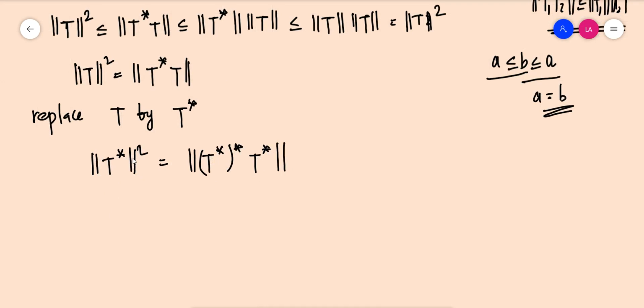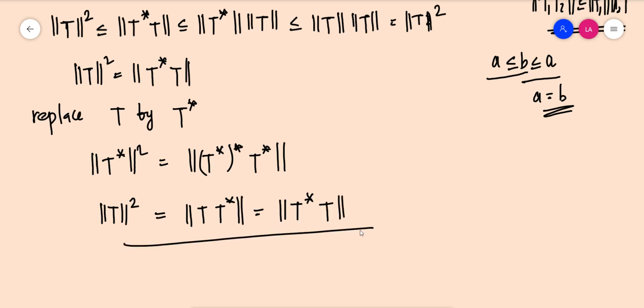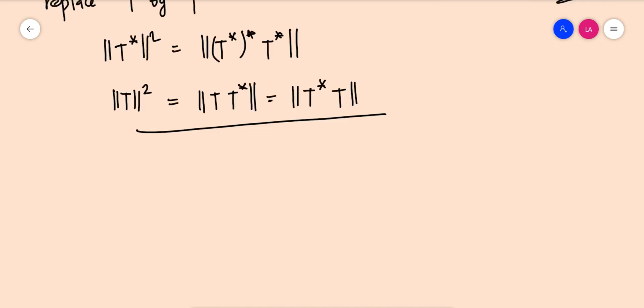Norm T star and norm T are actually the same. This should be norm T the whole squared should be equal to, this should be T star the whole star, which is T, times T star. So this should be equal to norm of T star times T. So this is what we need to establish as the next property.